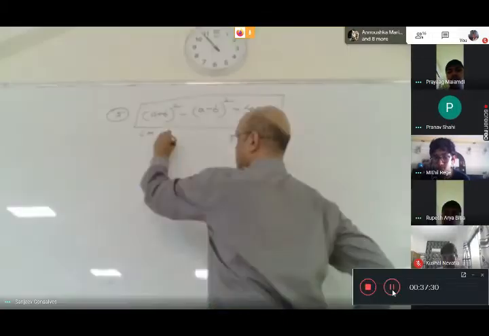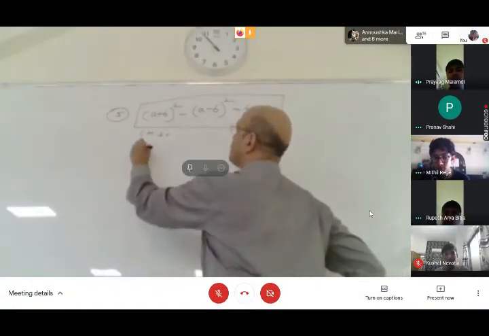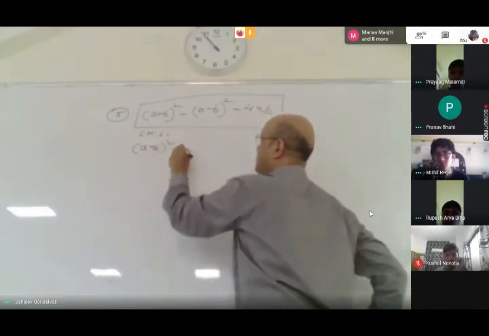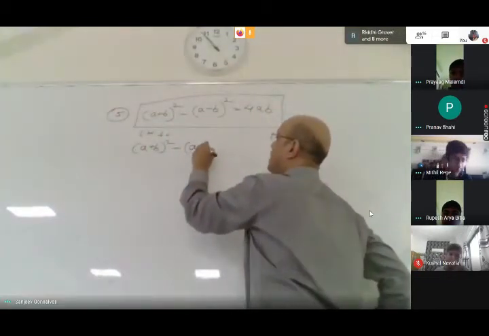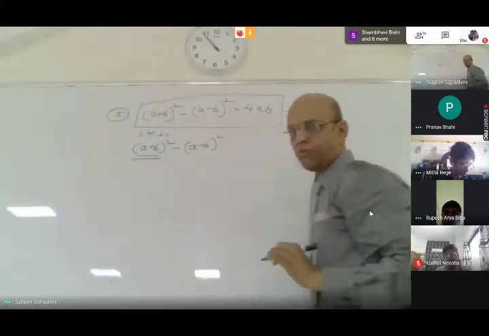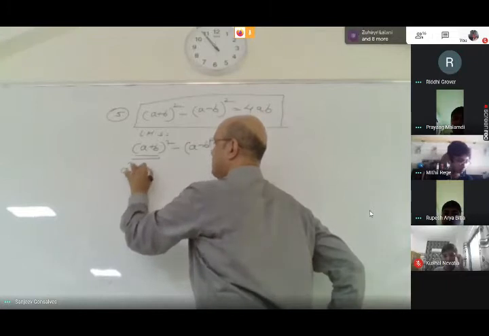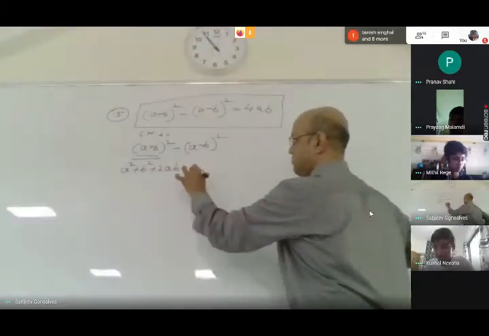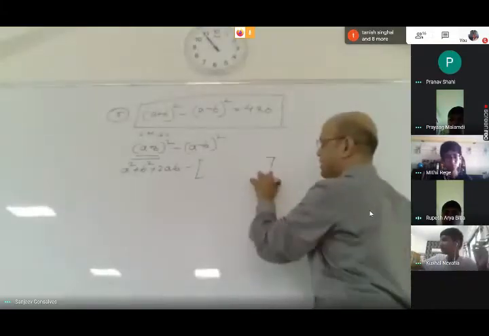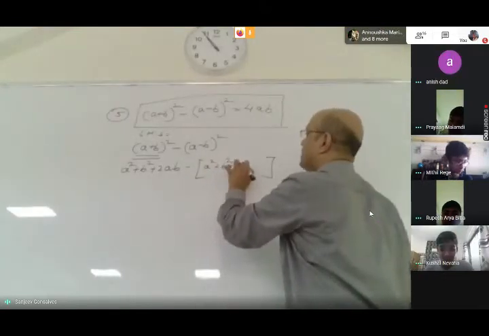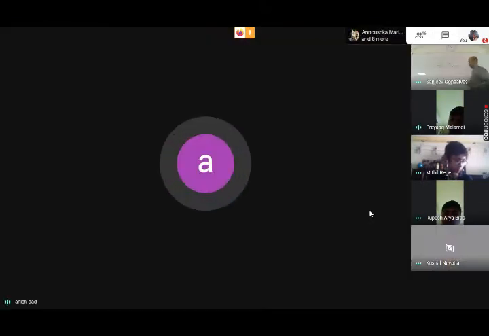The left hand side is (a plus b) whole square minus (a minus b) whole square. Expanding, (a plus b) whole square is a square plus b square plus 2ab, minus (a square plus b square minus 2ab).